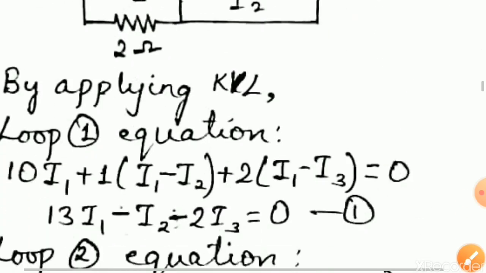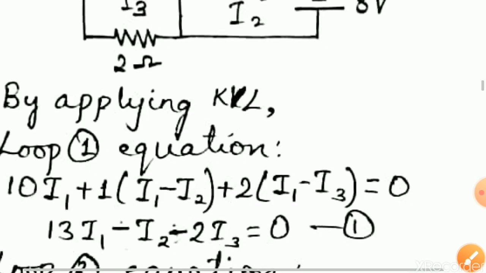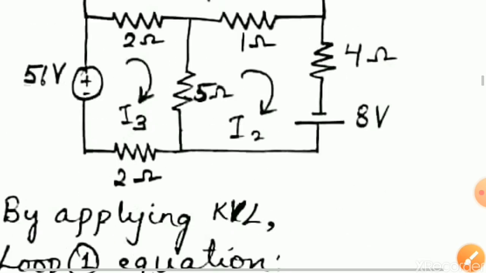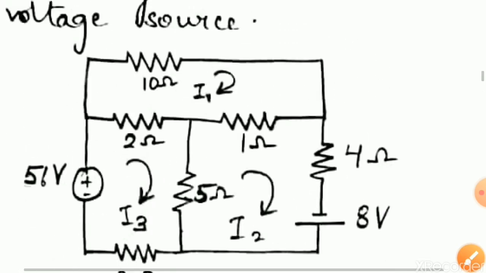So when we write KVL for loop equation 1, we get 10I1 plus 1 into I1 minus I2 plus 2 into I1 minus I3 is equal to 0. On solving the above equation, we get 13I1 minus I2 minus 2I3 is equal to 0. Let us come to the second loop.